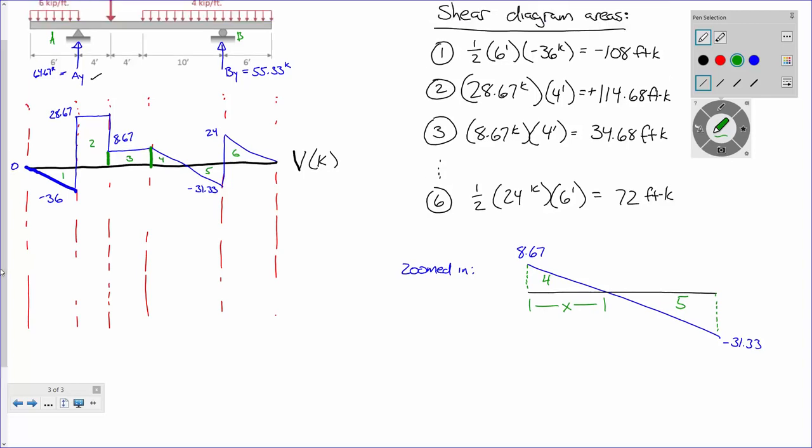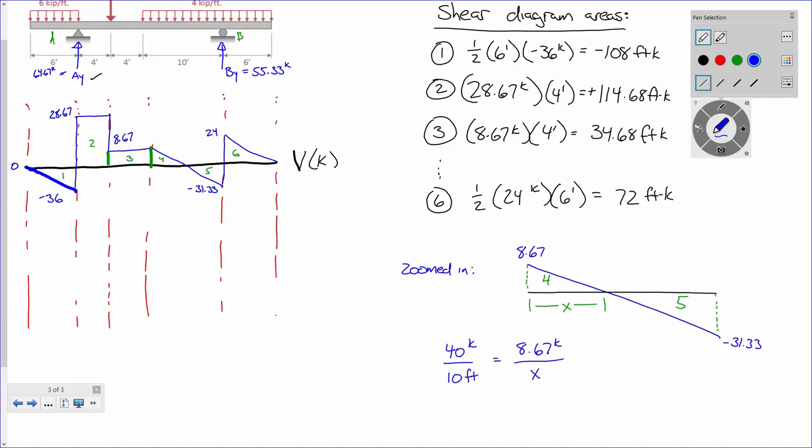In 10 feet, how much did I drop? 40 kips, right? So this is basically a glorified slope ratio. 40 kips over 10 feet equals 8.67 kips over x feet. I think if it was 20 and negative 20, it'd be halfway through, right? Make sense? So this is just a glorified slope ratio.